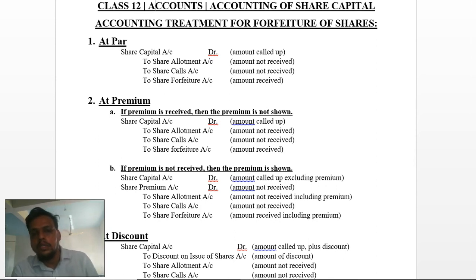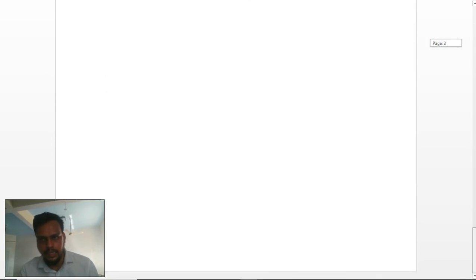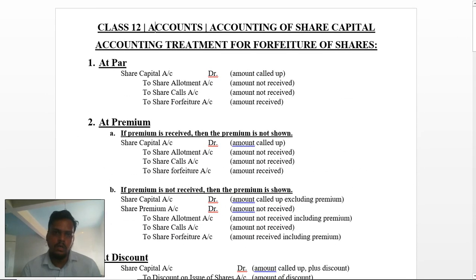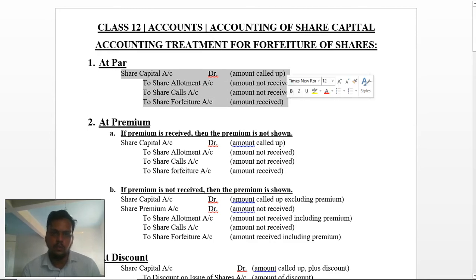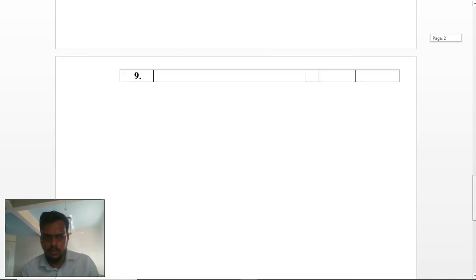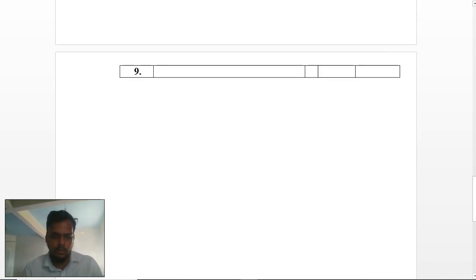Now, just be careful with the amounts that you have received. Here you have to be careful with the terms. In the working note, first we will copy this whole scenario, then I'll show you what to do. Control C, and then here I'll paste it.